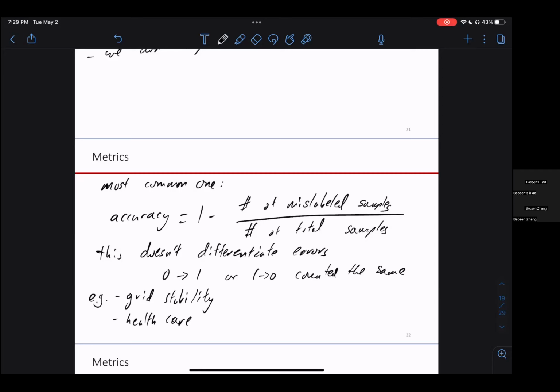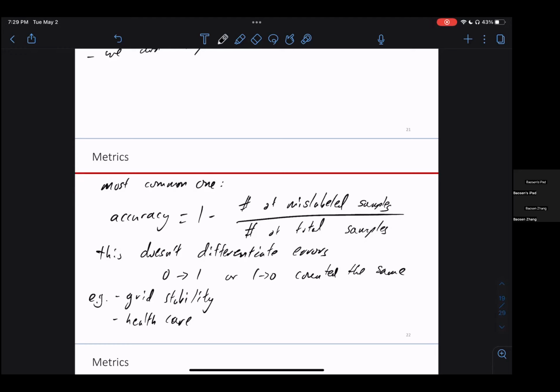With a cancer screening, if you don't have cancer, saying you have cancer is inconvenient but maybe not life-threatening. You do a follow-up test, you can figure that out. If you have cancer and the screening says you don't have it, then it's a much worse outcome. You may misdiagnose somebody.